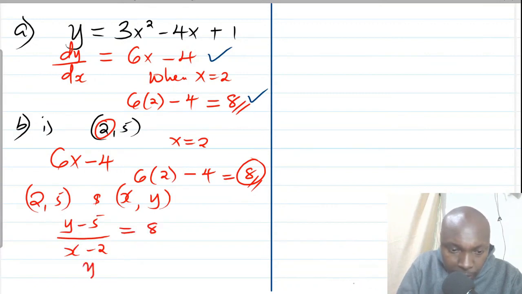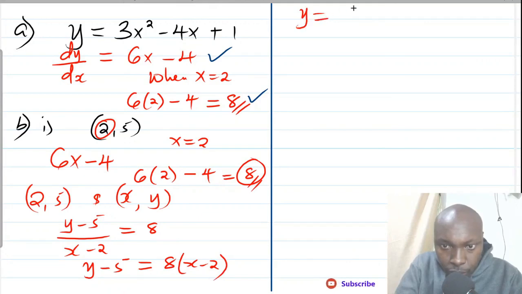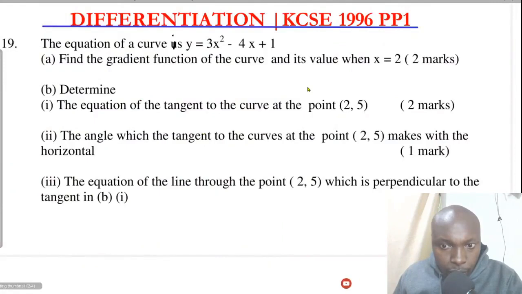So cross multiplying, you get y subtract 5 equals 8 times (x minus 2). Multiplying, you get y equals 8x minus 16, then plus 5, and this will give y equals 8x subtract 11. So that is the equation of the tangent to the curve at that point (2, 5).